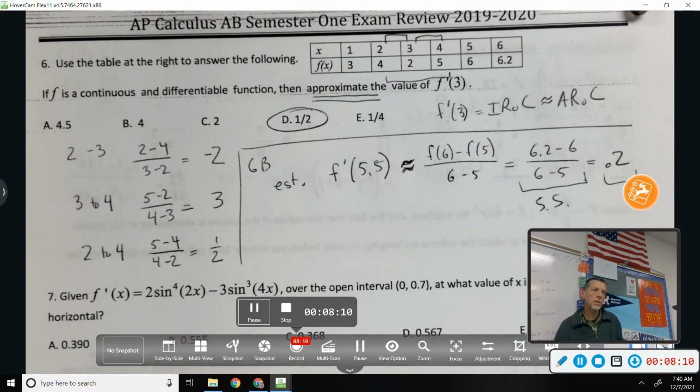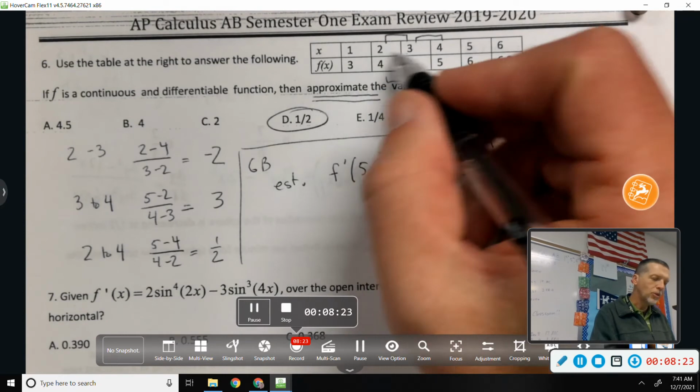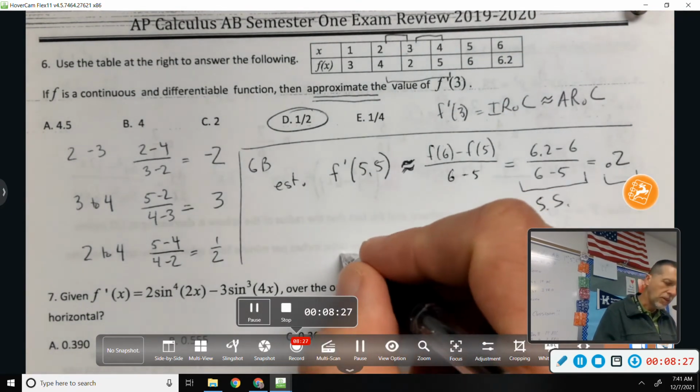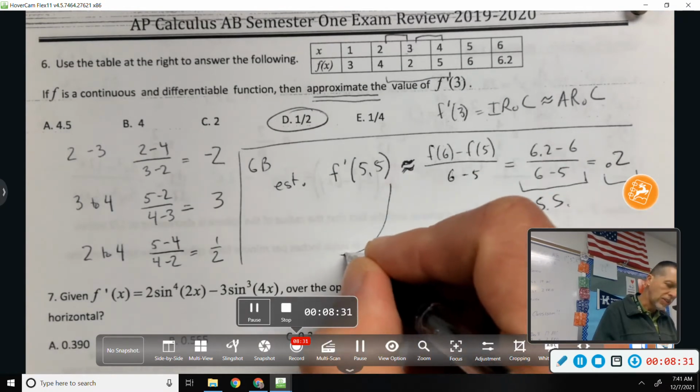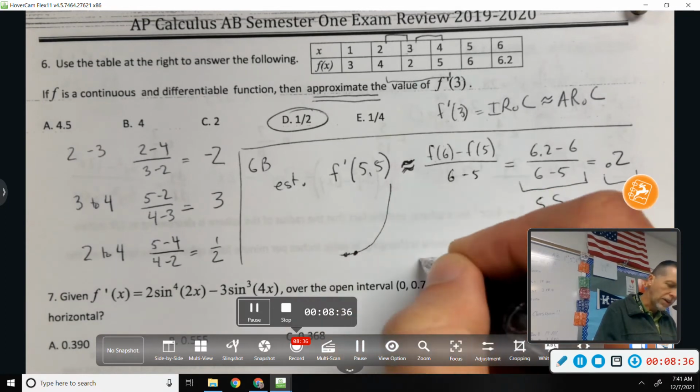But wouldn't you just assume to use 2 and 4? Because 3 is in between them. So wouldn't that make sense to use that first one? Yeah, but depending on what the problem looks like, it might be that 2 to 3 is a better estimate for the slope at 3. Let's say this is 2, this is 3, and I'd have to make it even steeper than that.